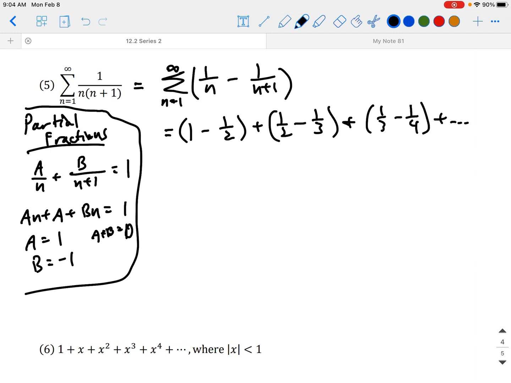And that's going to go all the way until you get to the end of the series. You can think of it as 1 over n minus 1 over n plus 1.